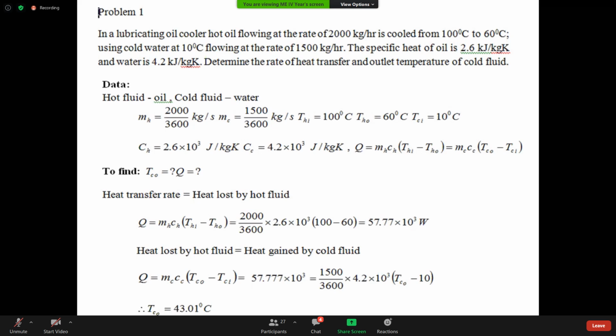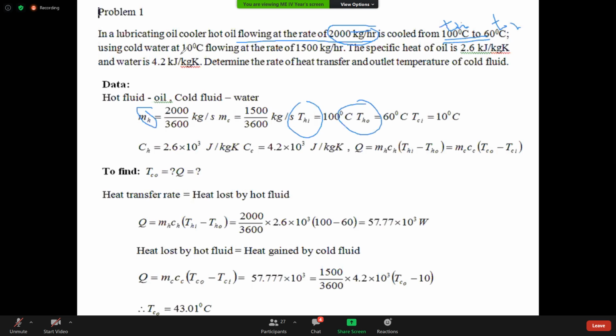In a lubricating oil cooler, hot oil is flowing at a rate of some kg per hour. That means kg per hour is the mass flow rate of hot oil, mH, and it is cooled from 100 degrees centigrade to 60 degrees. Then temperatures THI and TH naught are given.